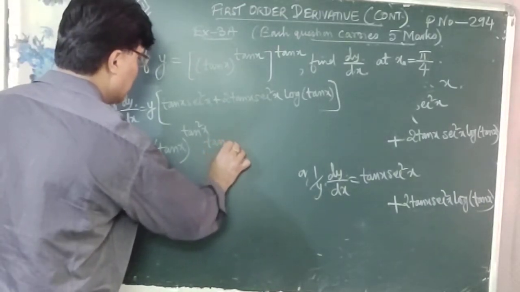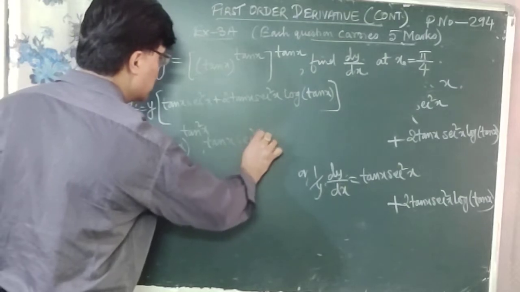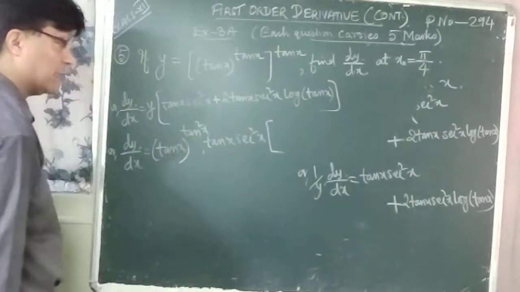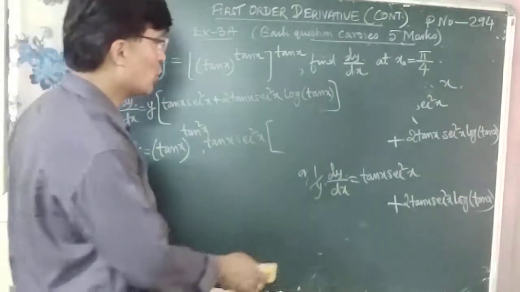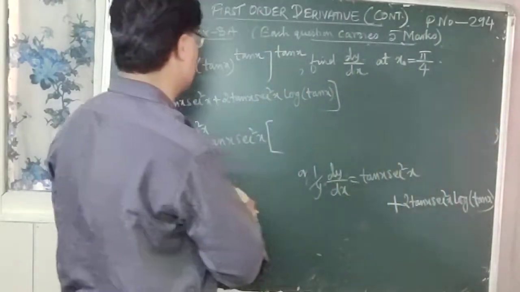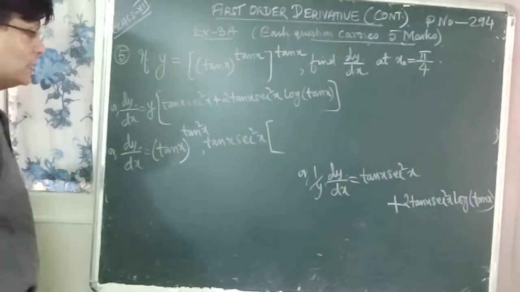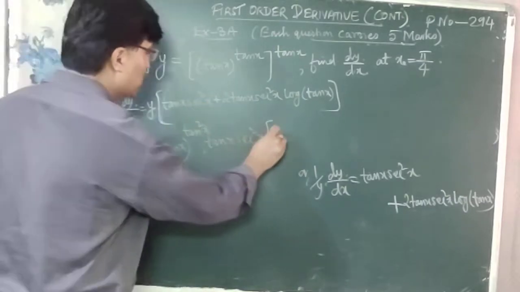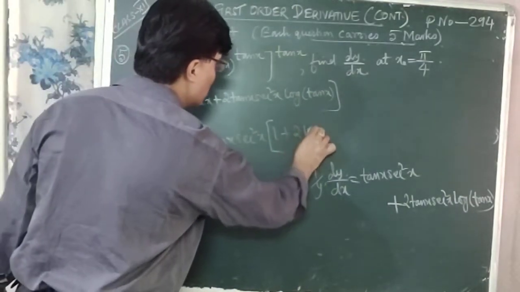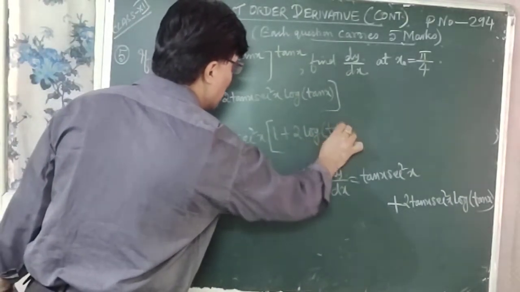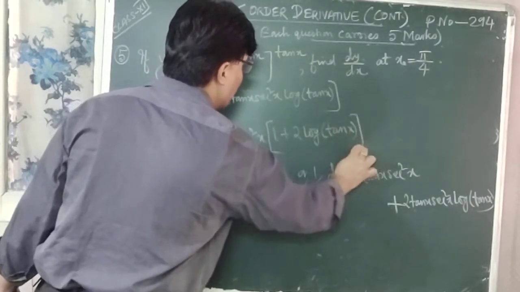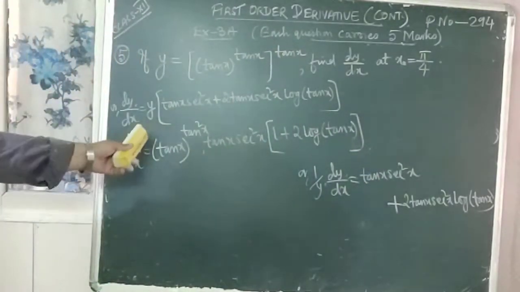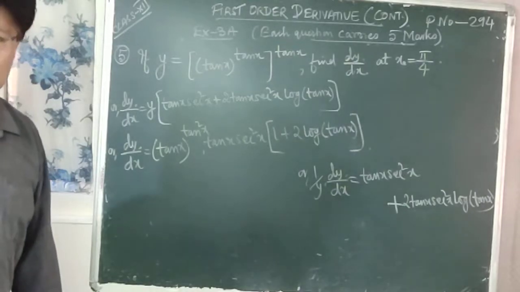It is tan x into sec square x is taken common, so within third bracket, what do we get? Tan x sec square x is common, so it is 1 plus 2 log of tan x. So this is the value for dy by dx.